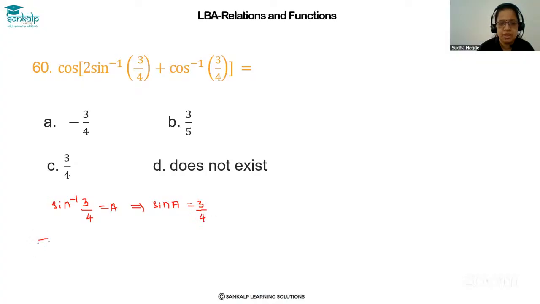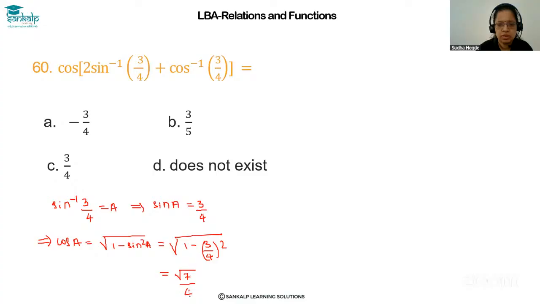Implies cos A is equal to square root of 1 minus sin square A, that is square root of 1 minus 3 by 4 whole square, that is equal to root 7 by 4. Just simplify and get it.